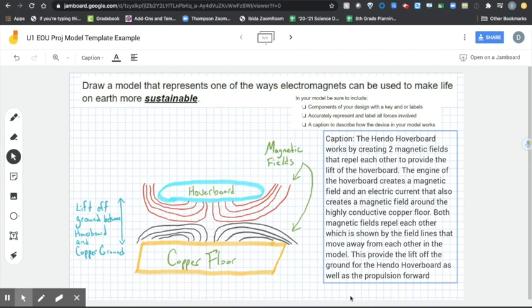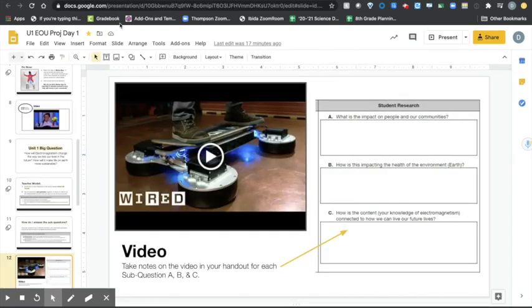I also have a caption that explains that as well. On the 3rd day, you will be making a model of whatever representation you researched, explaining the science behind how it works, and drawing a model for that. Let me go back to the slides here.